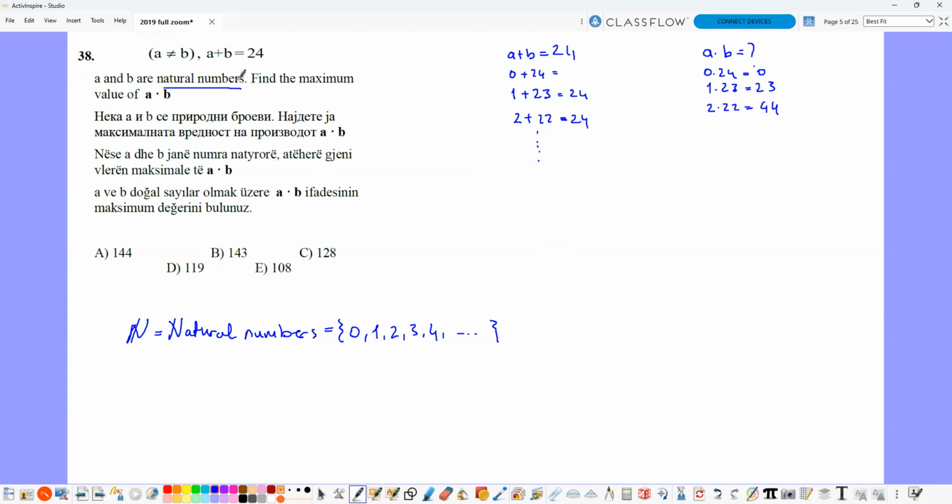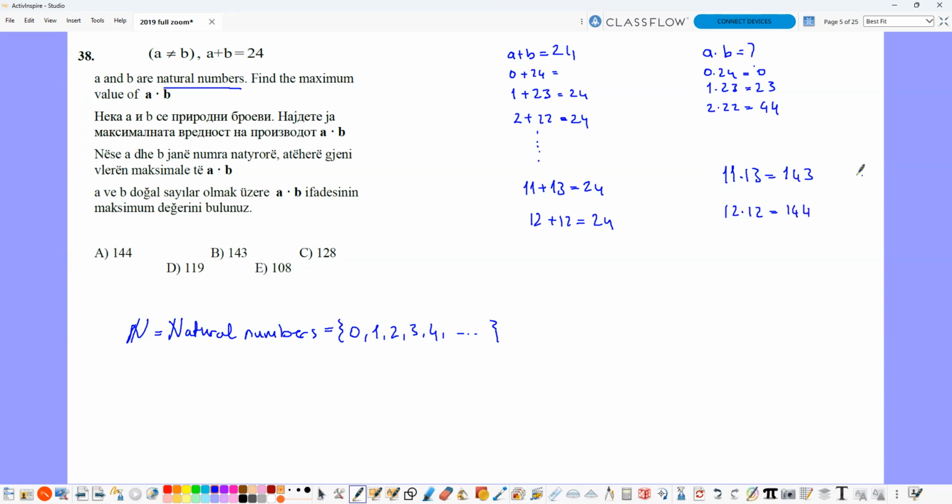And also I need to tell you something here. The greatest value is always with the closer sum, which means that A should be closer to B or A should be equal to B. But here in this case, A is not equal to B. So I'm going to try firstly 11 plus 13, which is equal to 24, and 11 times 13 is equal to 143. The other one is 12 plus 12, which is equal to 24, and 12 times 12 is equal to 144.